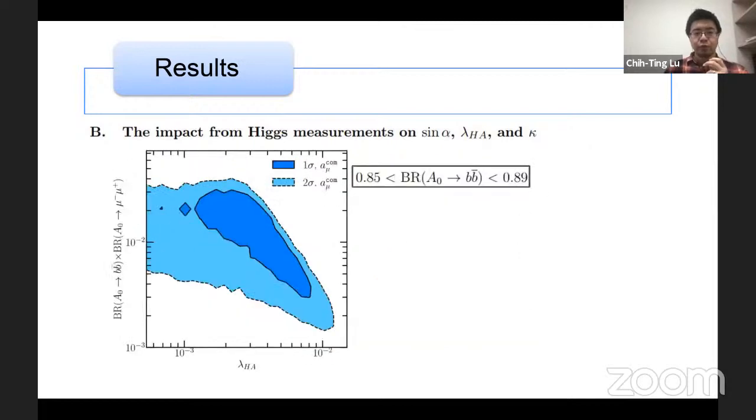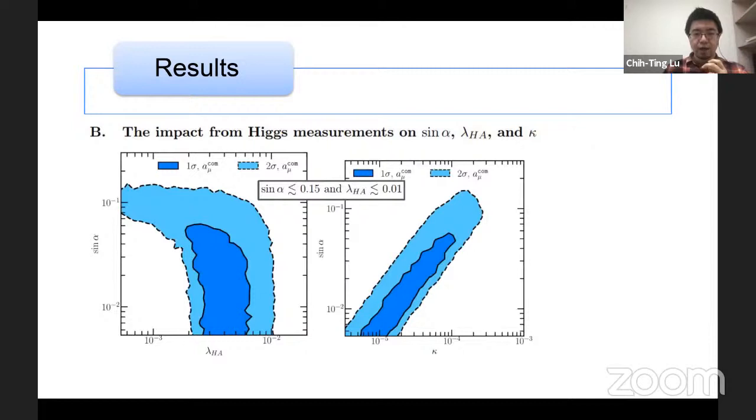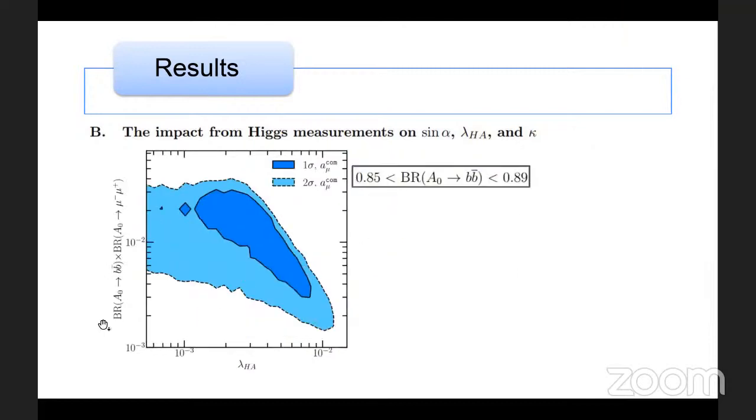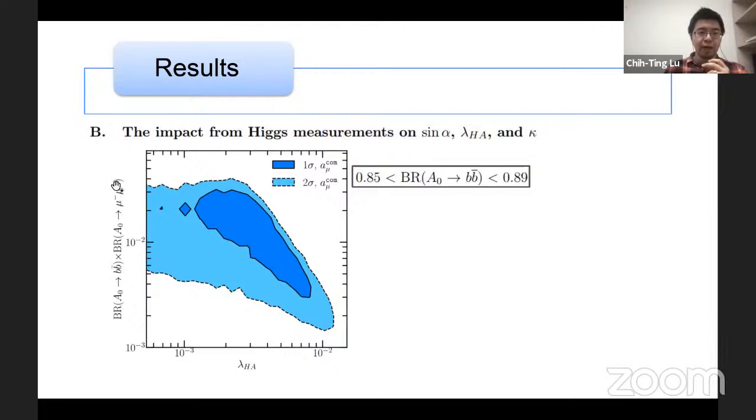And we can also explain the branching ratios of A0 to b b-bar and A0 to mu plus, mu minus in order to explain the ATLAS Higgs exotic decay excess. So we find the A0 will still mostly decay to b b-bar, and its branching ratio needs to be larger than 85%.